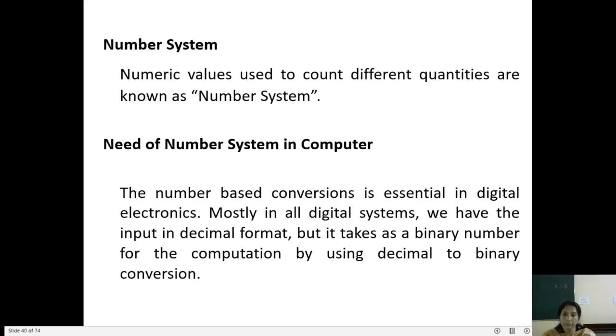Let's understand why we are studying the number system. Because our computer is basically constructed, and as I told you in the classification, the computers are digital computers, with digital language, so machine level language. It totally understands the binary concept, that is the zeros and ones concept.